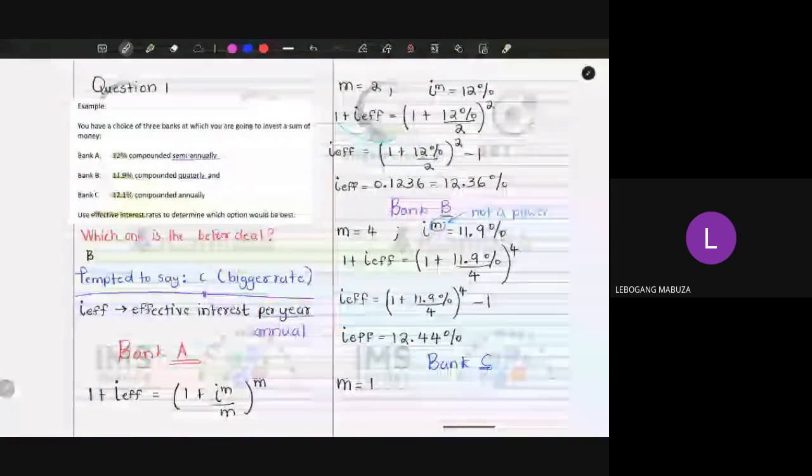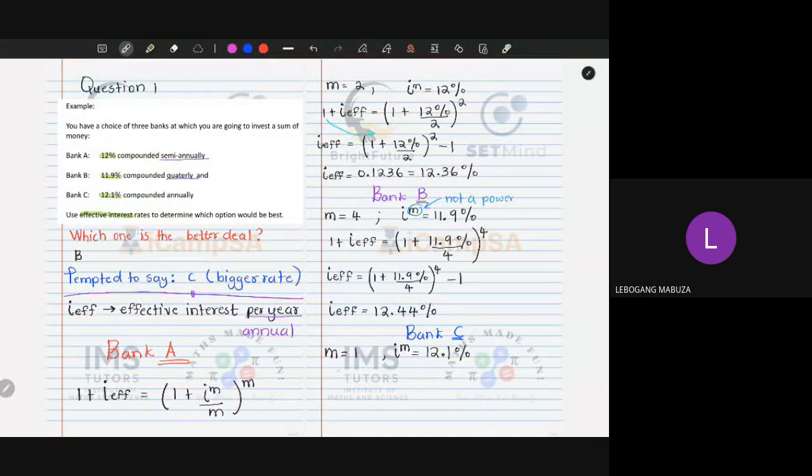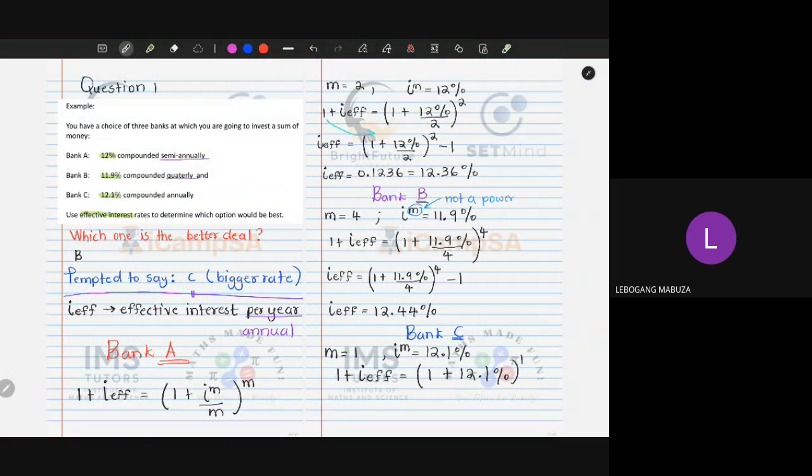Okay. So let's go ahead and put in our nominal interest, which is 12.1%. So we can go and use our formula, just plug in and see what we obtain. So I'm going to have 1 plus i_eff equals 1 plus 12.1%. And this is all to the power of 1.